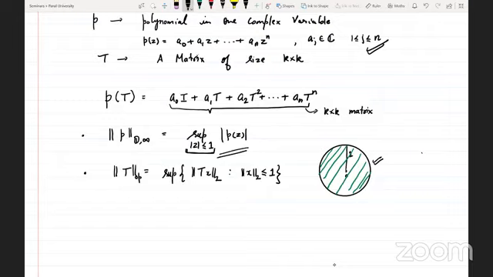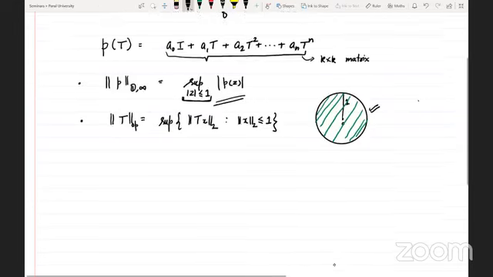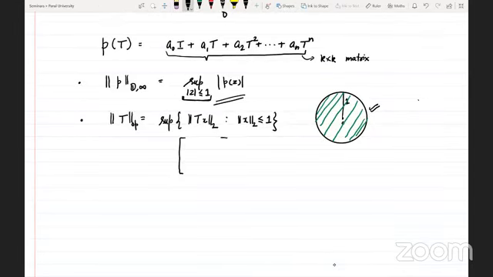What is this creature? Whenever you have a matrix of size K by K, you can treat it as a linear map, right? Right now, we are in the field of complex numbers. So it's a linear map from C^k to C^k, because it's a K by K matrix.